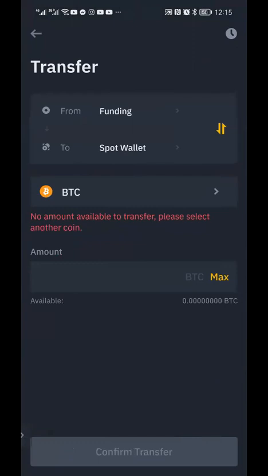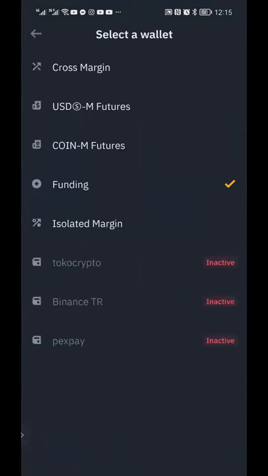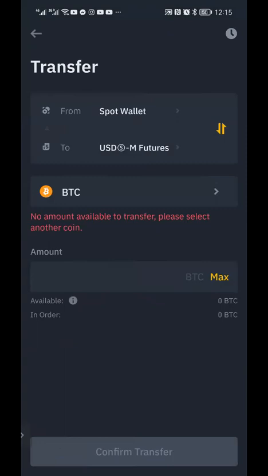So let's assume I already have funds in the spot, but I want to move it from spot to futures. So I will now select where I want to move it to. So the money is moving from spot wallet to futures.